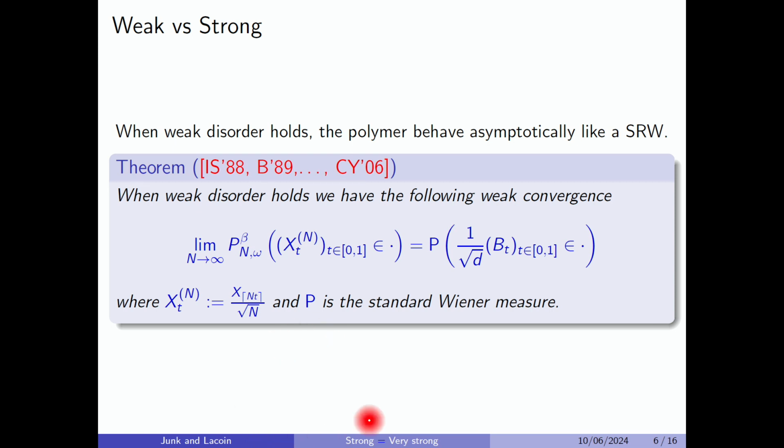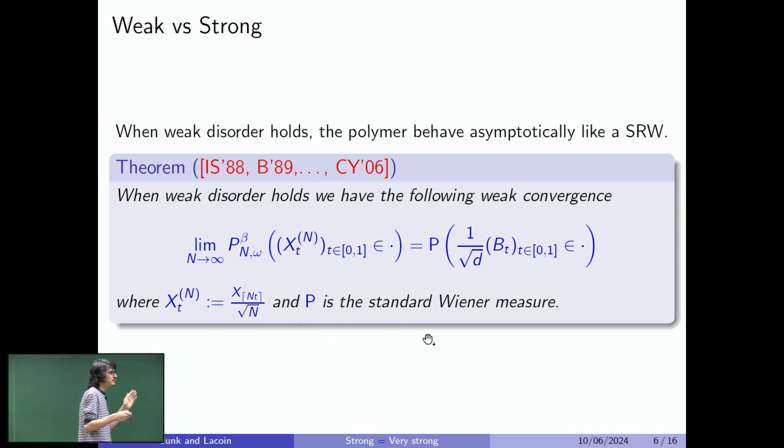Okay. So now let me tell you what weak and strong disorder mean in terms of trajectory behavior. So what has been proved is that in the weak disorder phase, if you look at the distribution of your trajectory, but you renormalize it diffusively, so you renormalize space by square root of n and time by n, then it converges to the distribution of a standard Brownian motion.